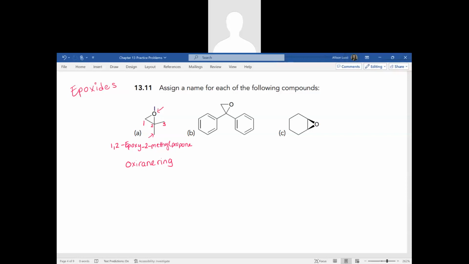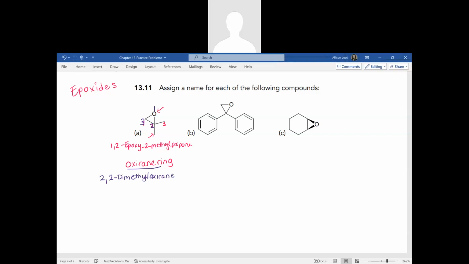If this were carbon 1, then we would have 2 methyl groups at carbon 2 by this definition, and this would be our carbon 3 in this nomenclature form. So we will call this 2,2-dimethyloxirane.